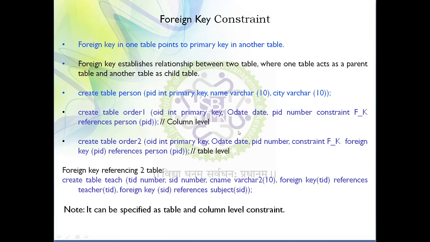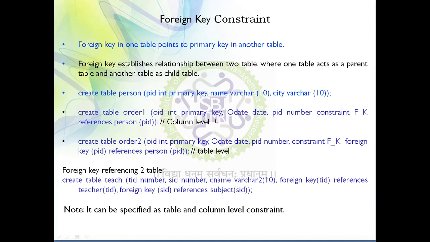Here I have just specified two syntaxes. One is a foreign key constraint specified at the column level, and the other is a foreign key constraint specified at the table level. Then there is foreign key referencing two tables. That means from two parents you can derive one child also. One child can refer to two parents.